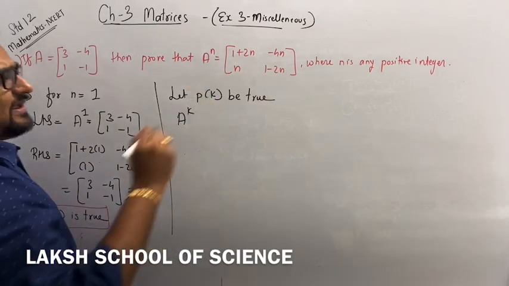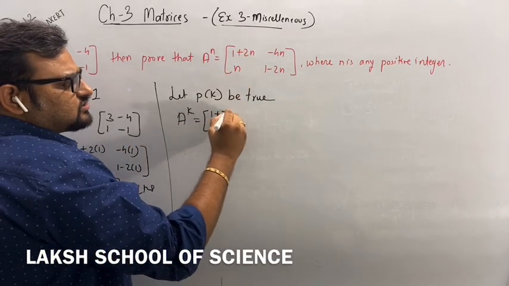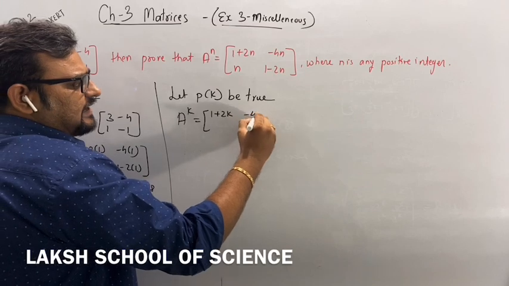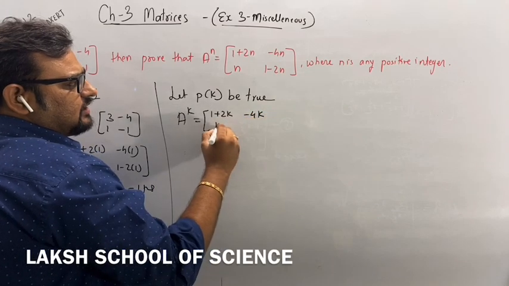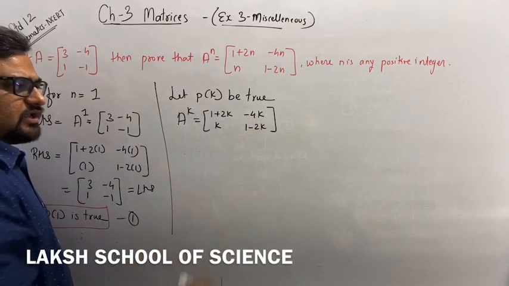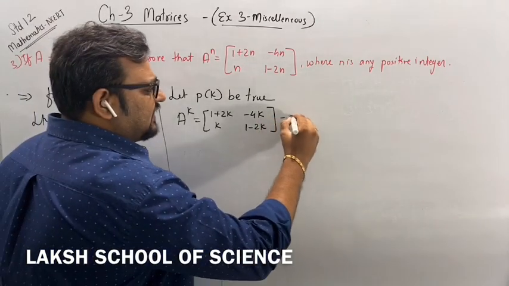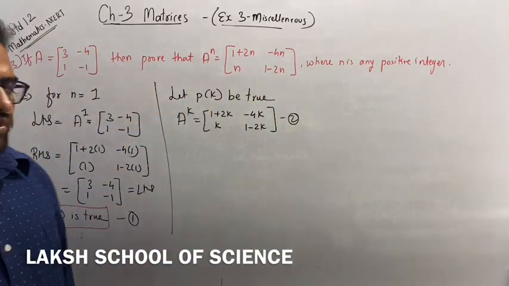Now A raised to k will be equal to 1 plus 2k, minus 4k, k, 1 minus 2k. Clear? So name this as 2.